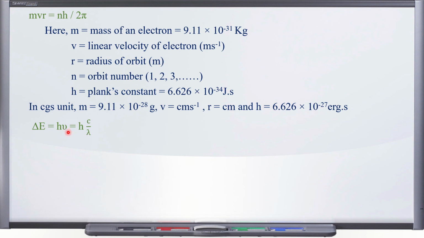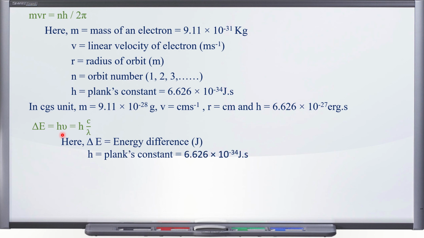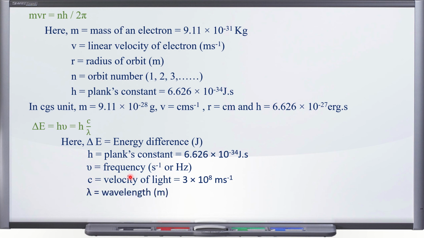So here delta E equals energy difference, h is Planck's constant as usual. Here also we can take it in joule second because there is no charge of electron. Nu is frequency, this is second inverse or hertz. c is velocity of light, and lambda equals wavelength.